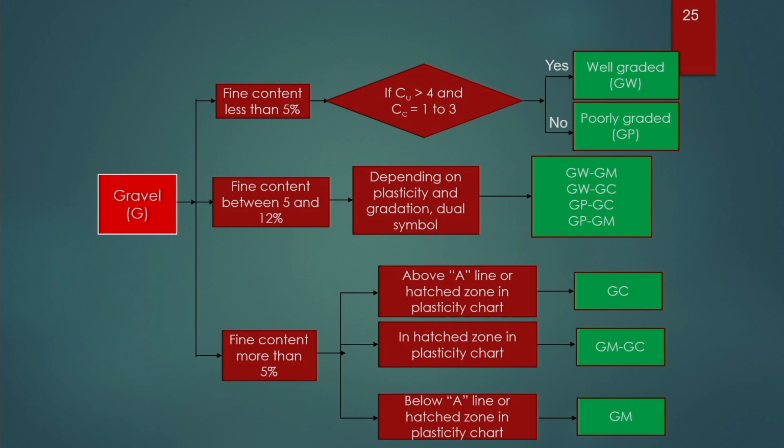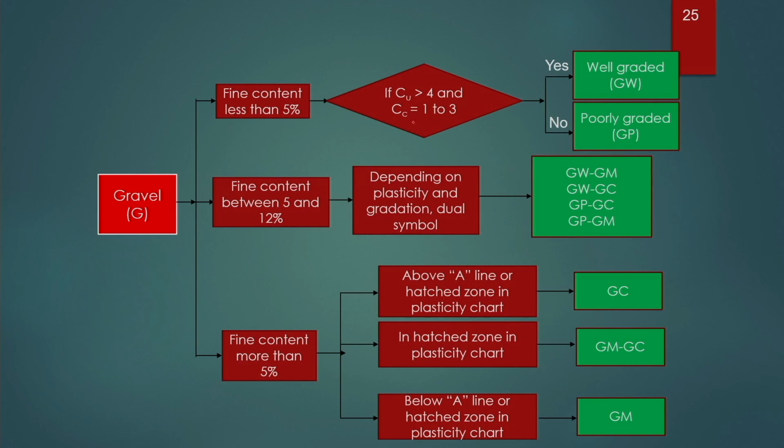For a gravel soil, we will see what the fine content is. If the fine content is less than 5%, then we will determine its Cu and Cc, the coefficient of uniformity and coefficient of curvature.